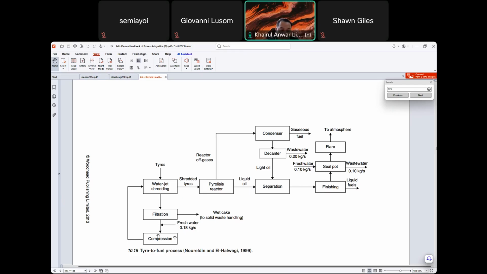Regenerated water or filtered water mixed with the fresh water goes back to the water jet shredding. Here there's another fresh water, seal pot. So what is the seal pot? One goes to the next one.